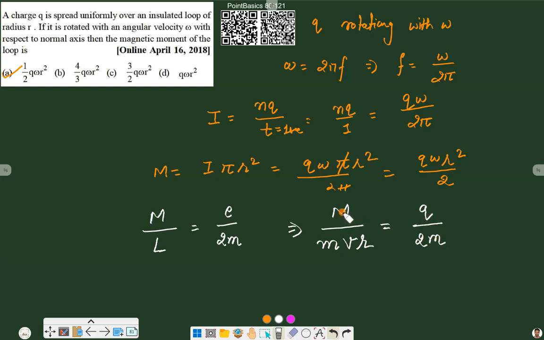Here capital M is the magnetic dipole moment and small m is the mass. Small m gets cancelled, and we know v is equal to r omega. So from this, M comes out to be q by 2 into v, which is r omega, into r. So it is half omega r square, and we have q also, q by 2 omega r square, that is again option A. So we can solve it in either way, whichever suits you better. Moving to the next one.